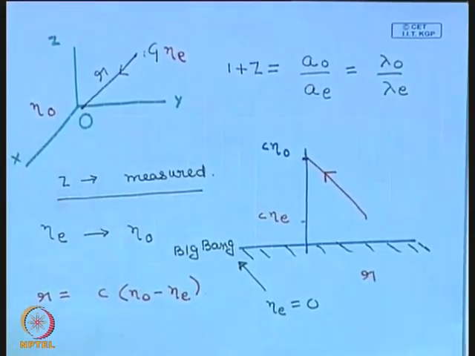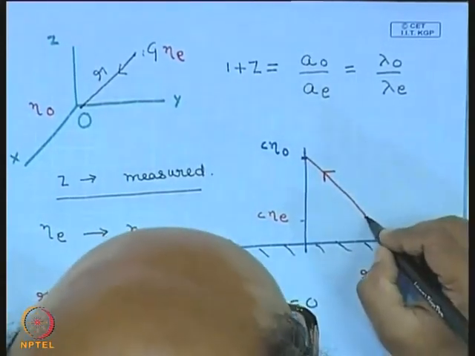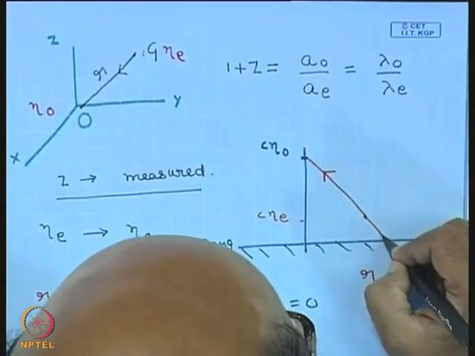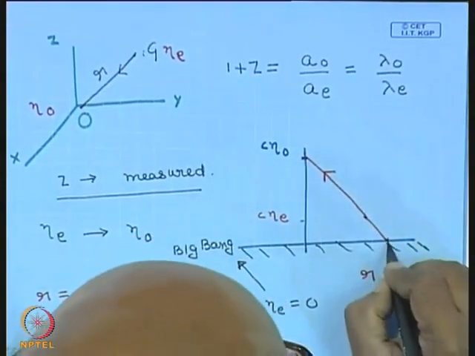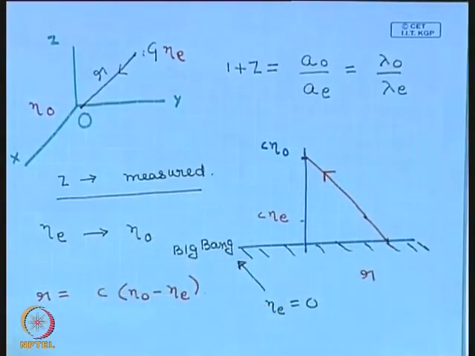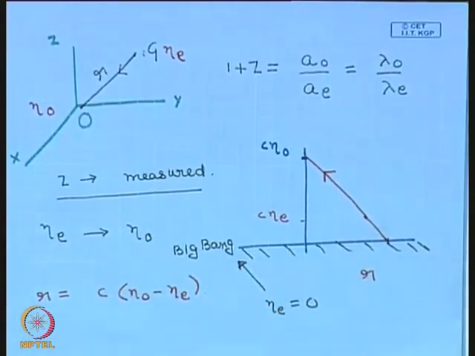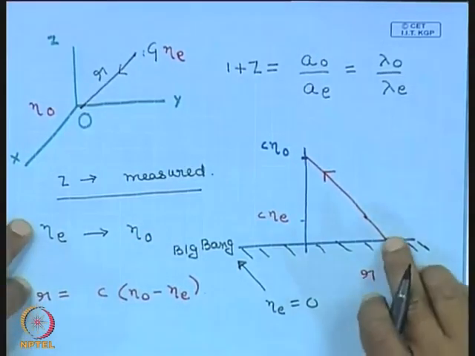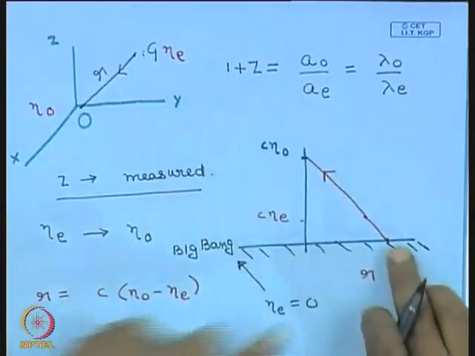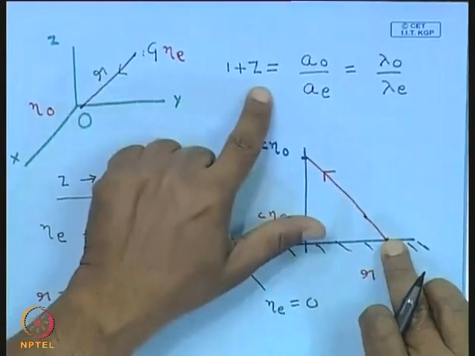Okay, so the furthest distance that you can have a source, from which light could reach us, is this. If you can receive a radiation from this distance, that is the Big Bang. The scale factor is 0. If the scale factor here is 0, you see that a emitted is 0, the redshift is infinite.